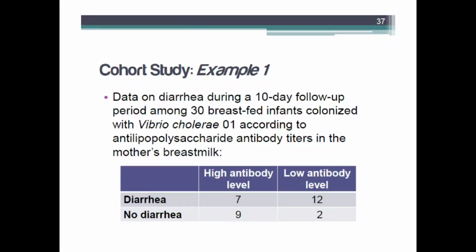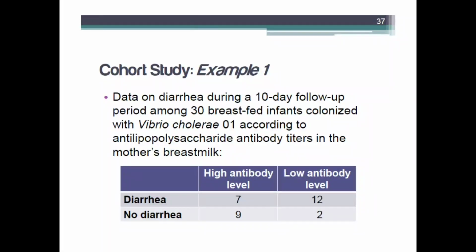Okay? So, ayan, meron na tayong table. Ito yung nakuha nilang results. So, for the patients na nagka-diarrhea, the high antibody level is 7. Yung mga walang diarrhea, high antibody level, 9. Mga nagka-diarrhea, 12. No diarrhea, 2.